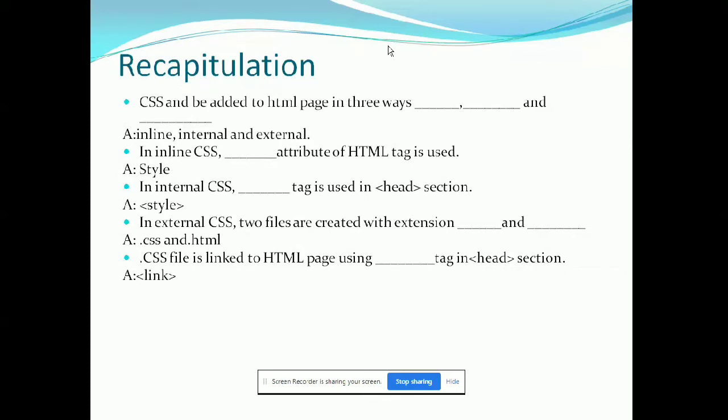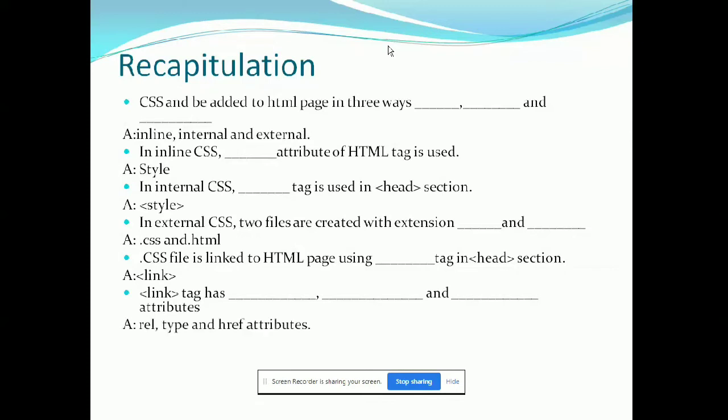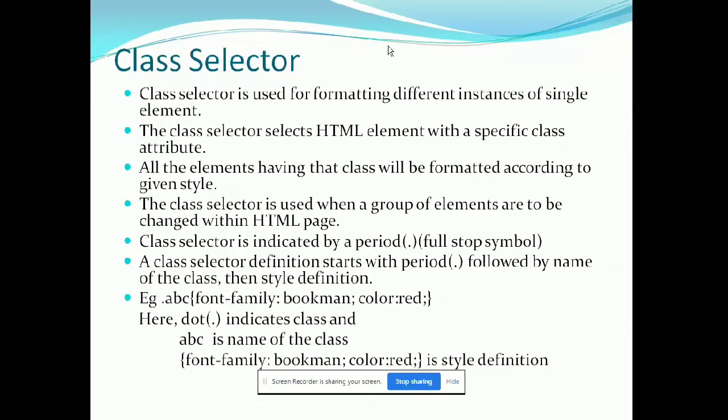Again, over here, this is a tag. It is enclosed in angle brackets. Next one. Link tag has dash, dash and dash attributes. Answer is rel, type and href. This is what we have done last time.